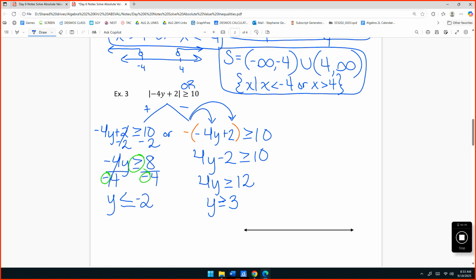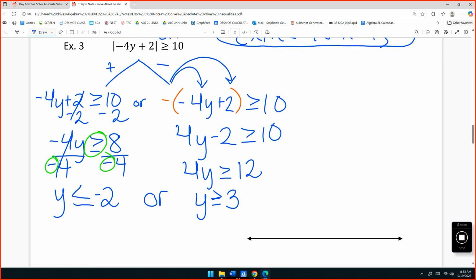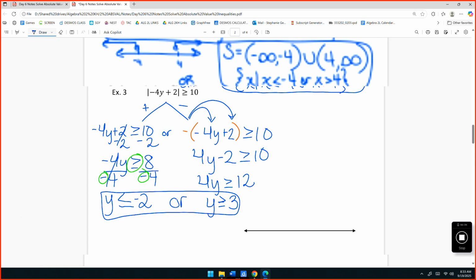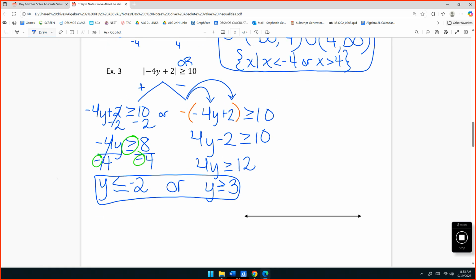But I have to make sure I write my compound inequality, so I'm going to join these with the word or, because I need this, right?